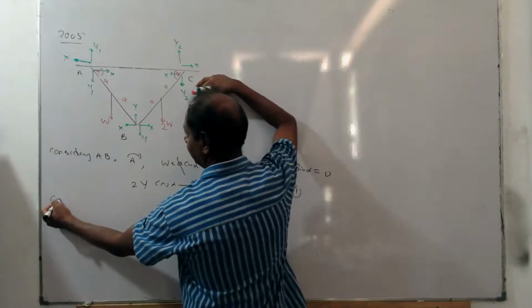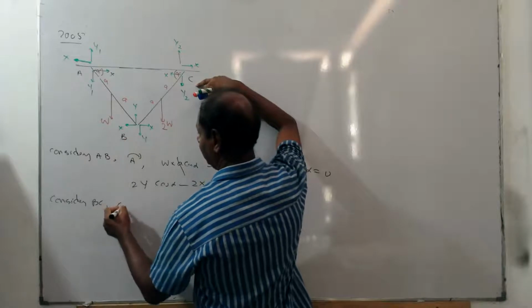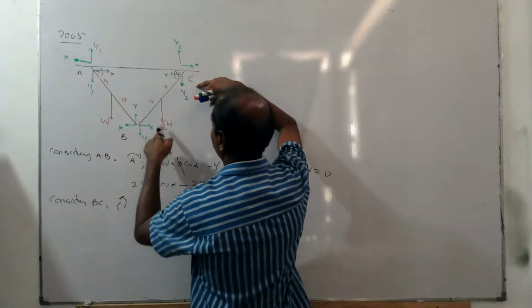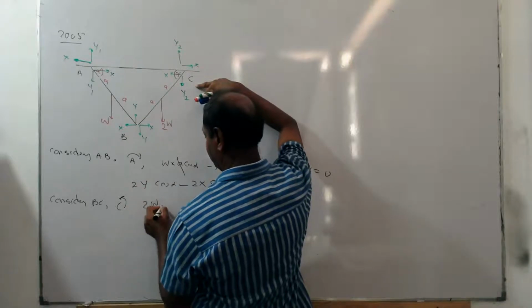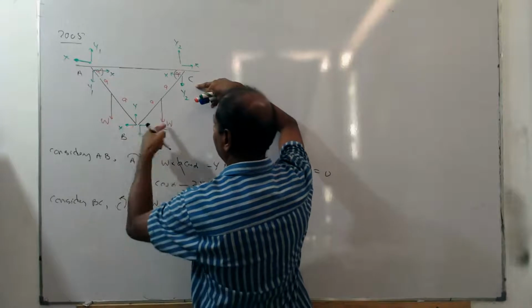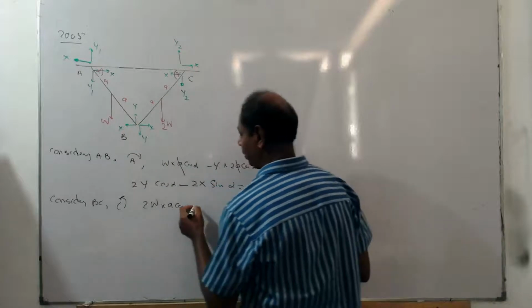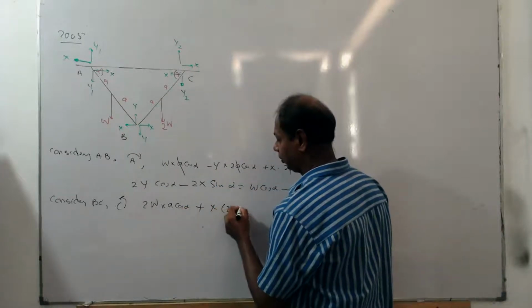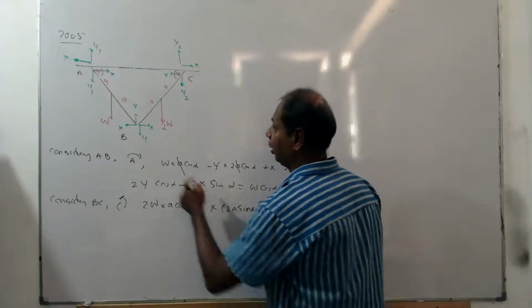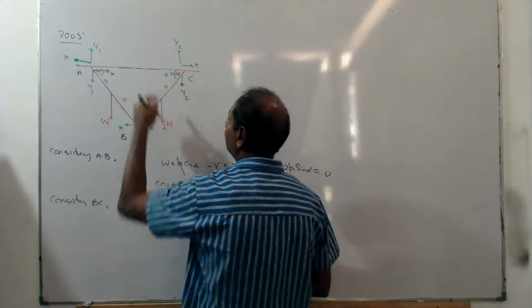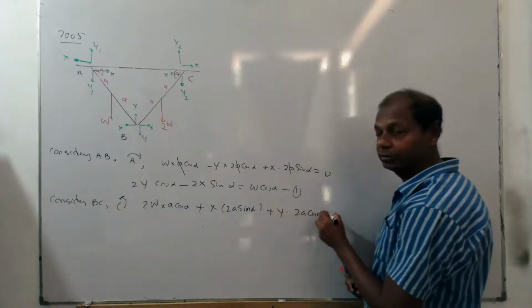Considering BC, taking moments about C, you get 2W into a cos alpha, plus x into 2a sin alpha, plus y into 2a cos alpha equals 0.